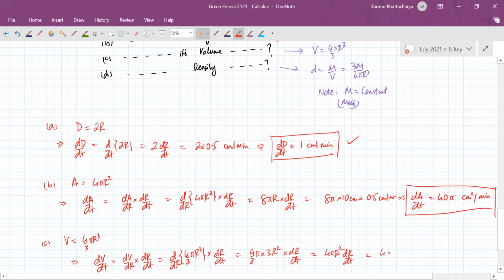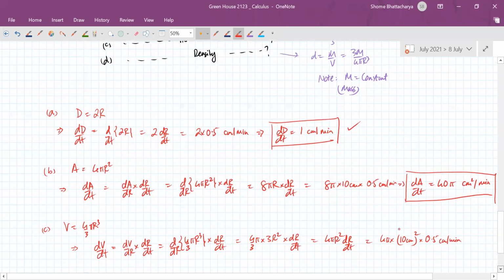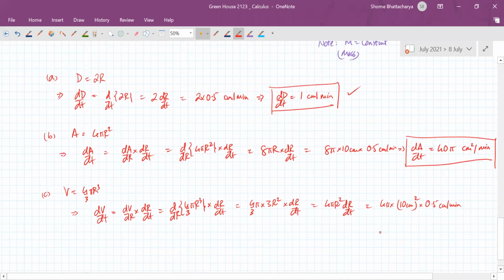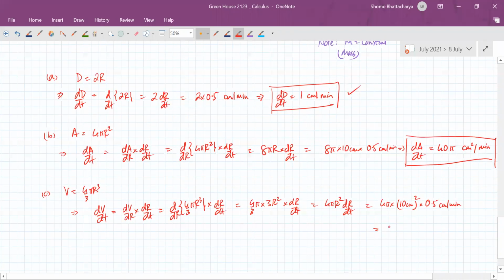So that here will become 4 pi into 10 centimeters square into 0.5 centimeters per minute. So this should become 200 pi centimeters cube per minute. Is this correct? Yes, sir.